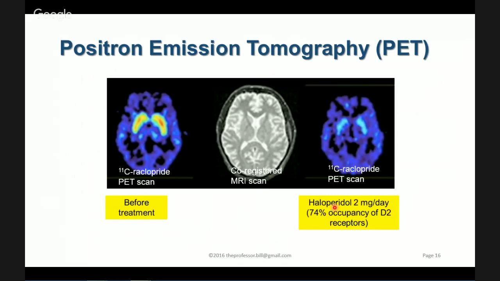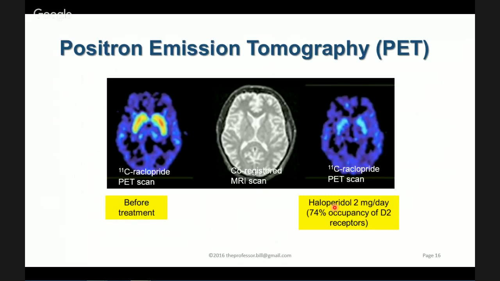So one of the more interesting things, and why they still use these types of imaging studies, is that if you can make an estimate of the receptor occupancy with a particular drug, you can see if that individual will be responsive to treatment. If you put in a drug like haloperidol and it shows a certain amount of blockage of the receptors, then you know that person is going to respond to that drug.